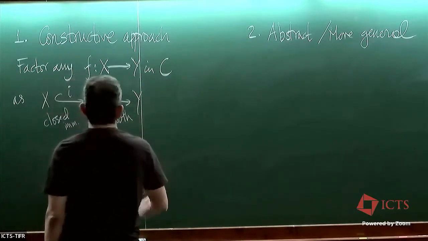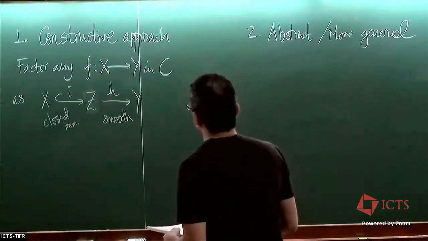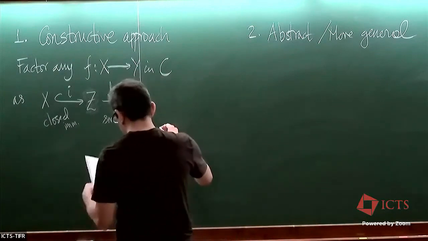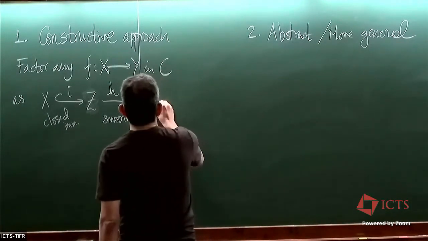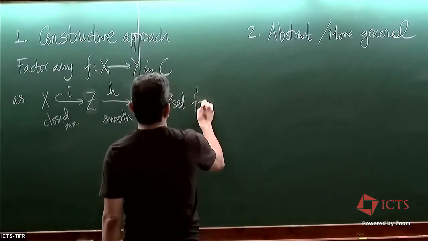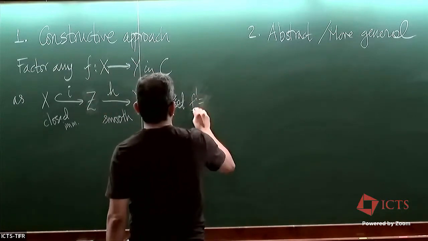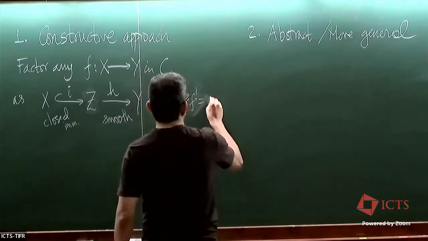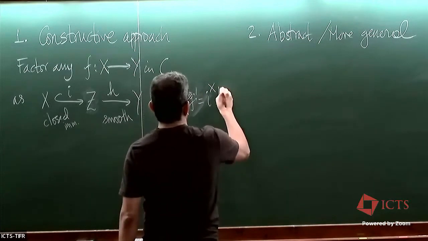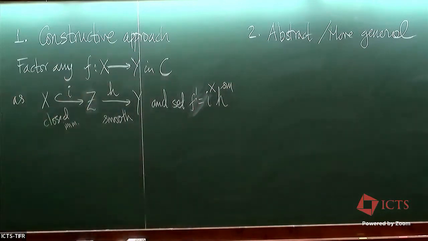This is not the only way of factoring, but these kinds of factorizations are available quite often. And then set F shriek to be equal to I cross and H smooth. So for smooth maps, I know what I'm looking for. For closed immersions, I know what I'm looking for. So therefore, just put them together.